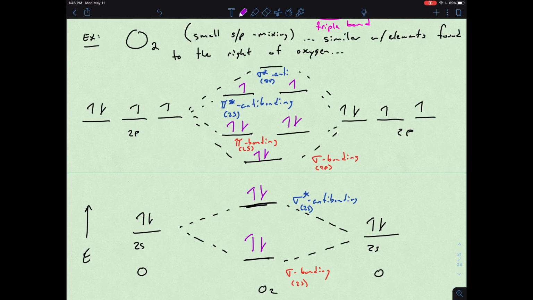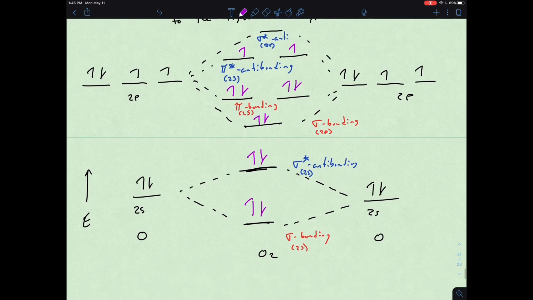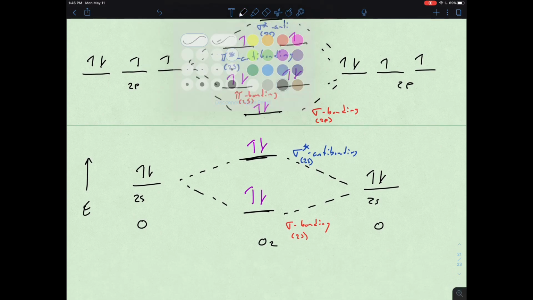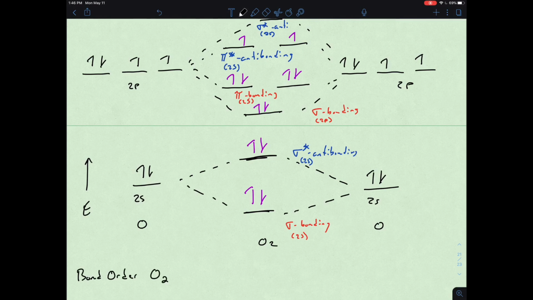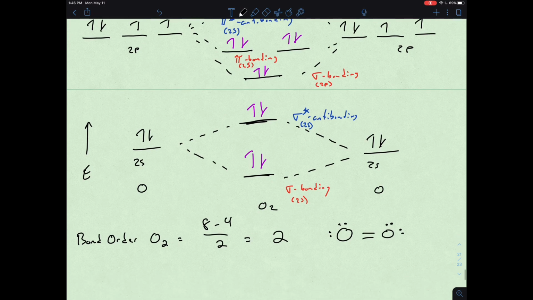Notice that we have those 2 at the very top unpaired because of Hund's rule. And so this allows us to determine the bond order for the oxygen. We have 8 electrons in bonding and 4 in anti-bonding. We get a bond order of 2, which actually makes sense according to our structure of O2 and its double bond.